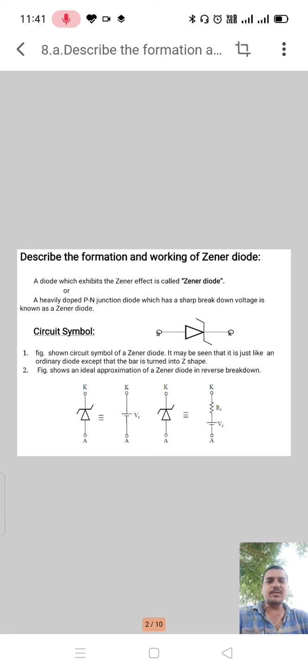The circuit symbol of the Zener diode is shown in the figure.